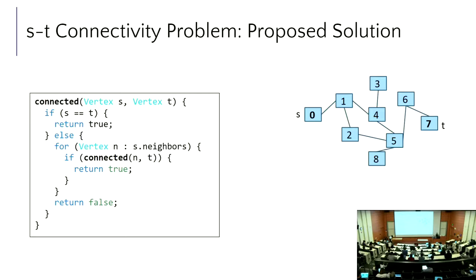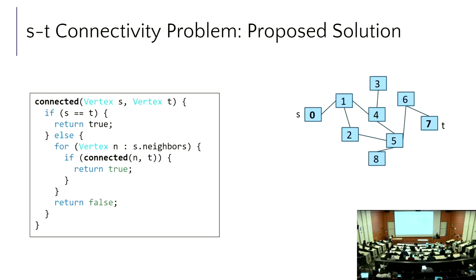And we can just say, hey, if we're looking at the same thing, return true, we've made it. Otherwise, for each one of my neighbors, loop over each neighbor and tell me if that neighbor is then connected to what I'm looking for. If that neighbor is, cool, return true. Otherwise, return false. Eventually, hopefully I'll find myself a true.